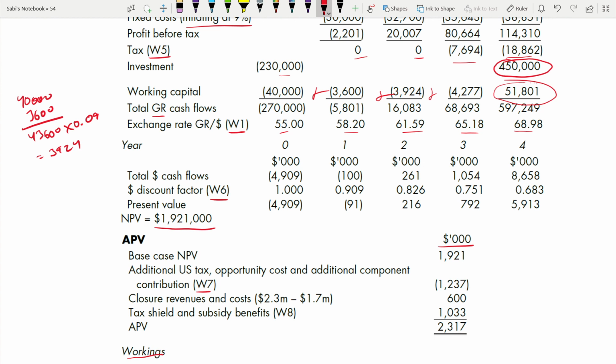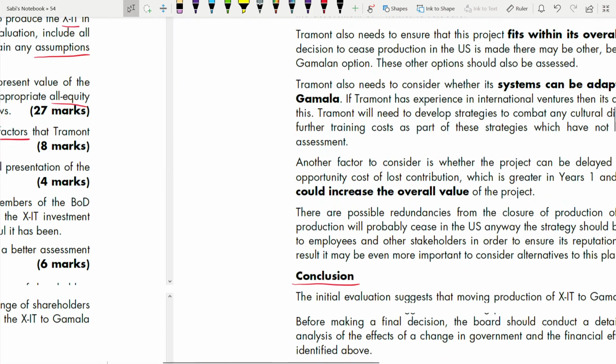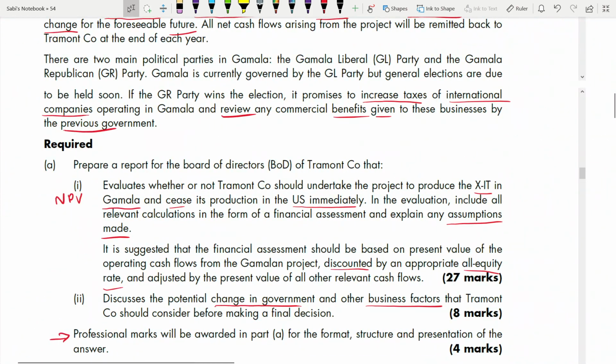Then we have the closure revenues and the cost. What is the revenue and what is the cost of the closing? And tax shield and subsidy benefit. Of course, tax shield and subsidy benefit will be there in the adjusted present value. And finally, we get the adjusted present value. So closure revenue and cost. What is it?